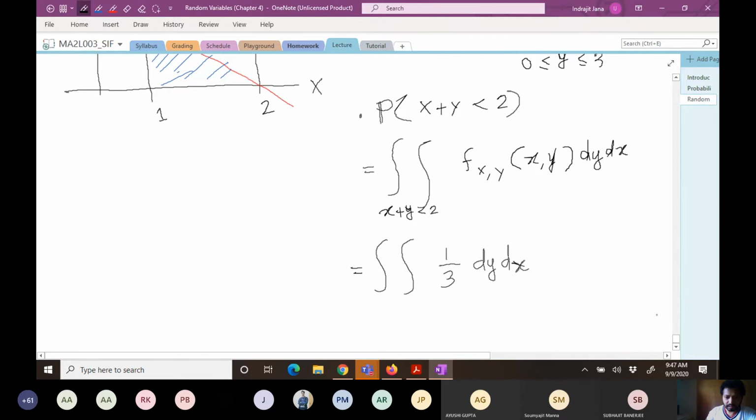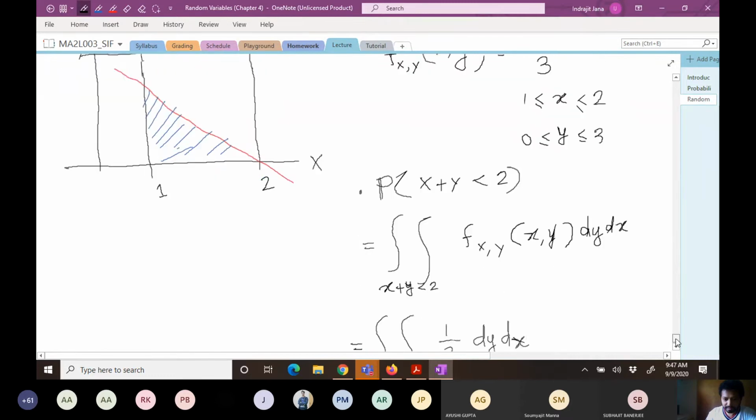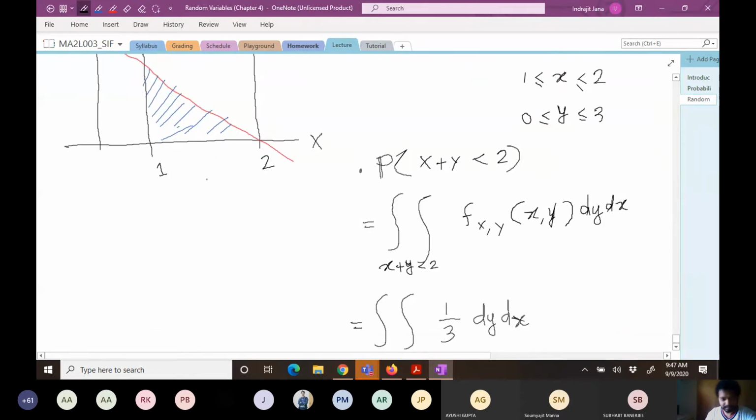If you do this double integration, the limit of y, for any given x, is from 0 to this line. This line is y equal to 2 minus x.